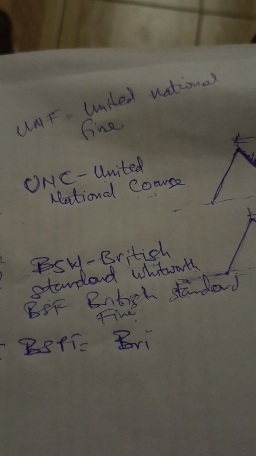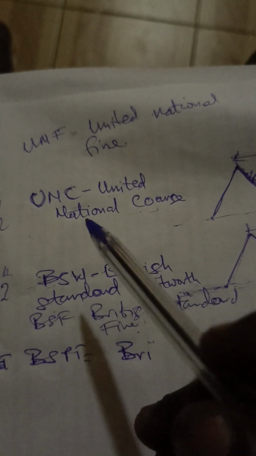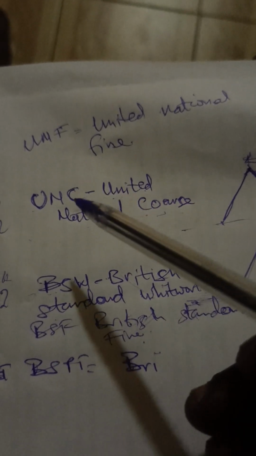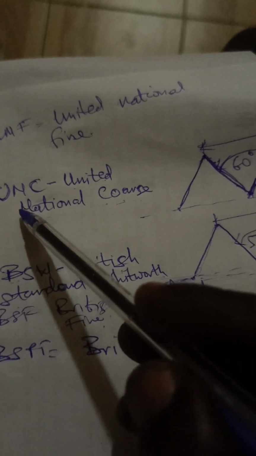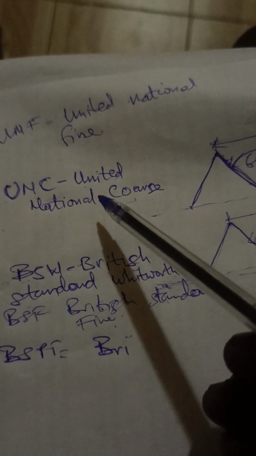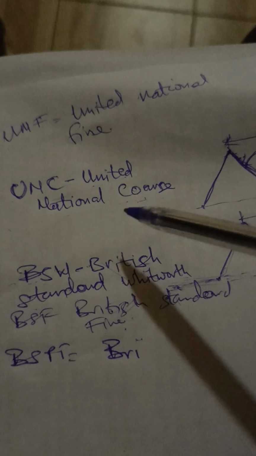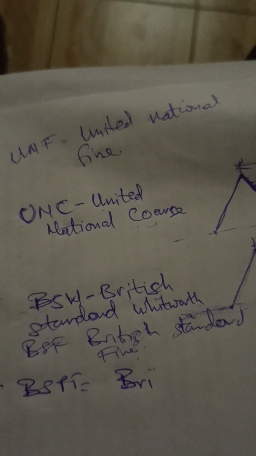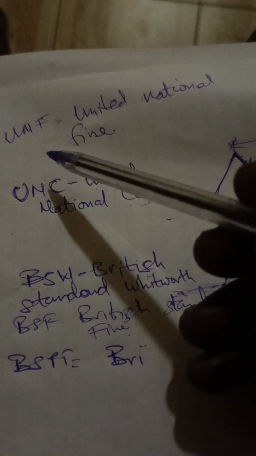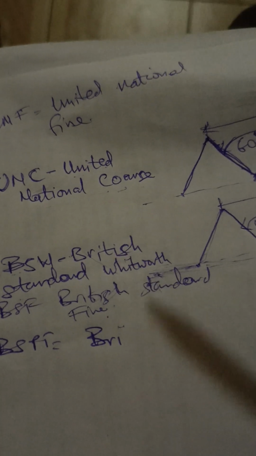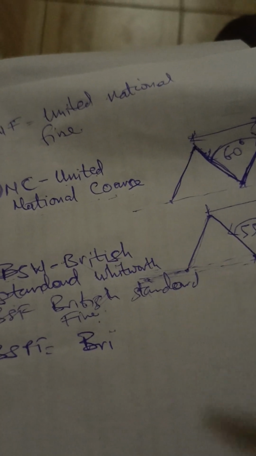So anytime you see a thread or a tap or a die that has UNC written on it, it means that it is a rough thread, and UNF is a fine thread, that thread that you normally call smooth thread.